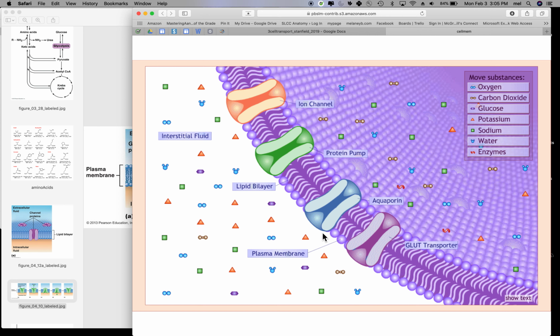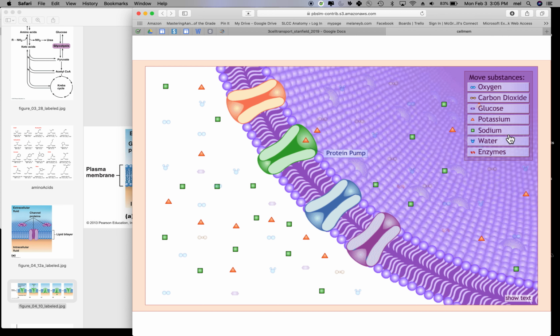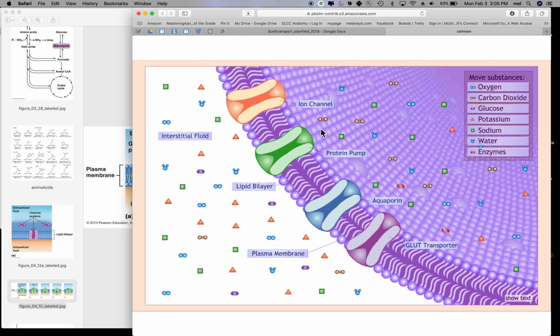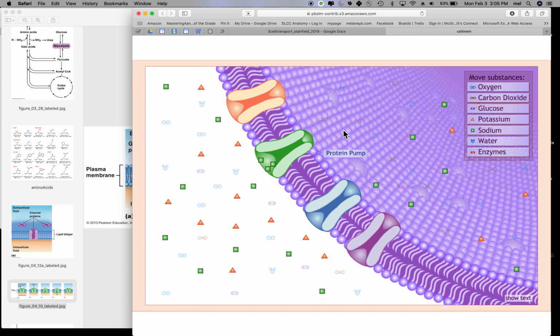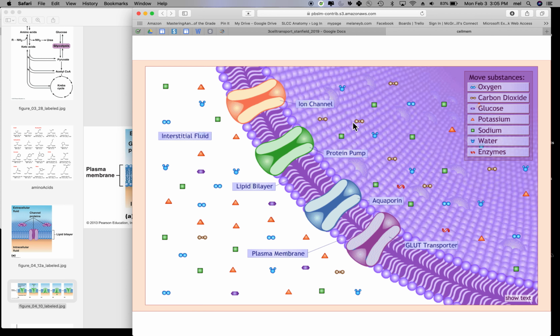The only difference between a carrier, like this glucose transport, and a pump is that a pump is going to push something the opposite direction of its concentration gradient. This is the sodium potassium pump. If sodium is high here, what I'm trying to do is pump it so that it's higher. So you're actually moving it against its concentration gradient. It requires a carrier plus ATP. So of the ones that we've done so far, this is the slowest one.